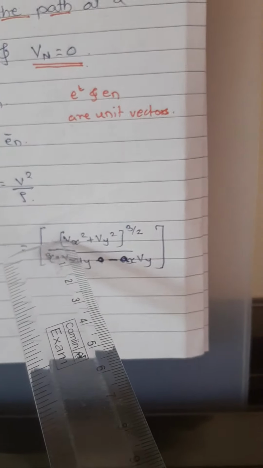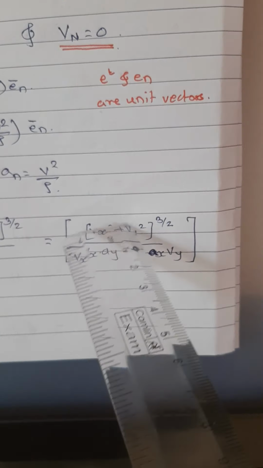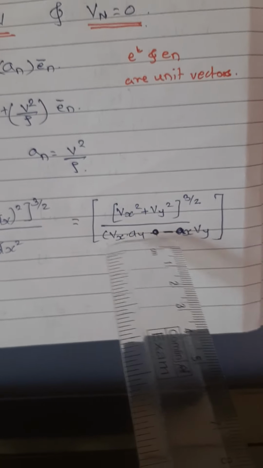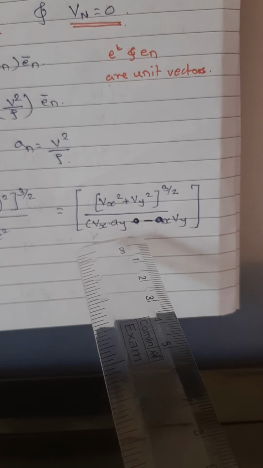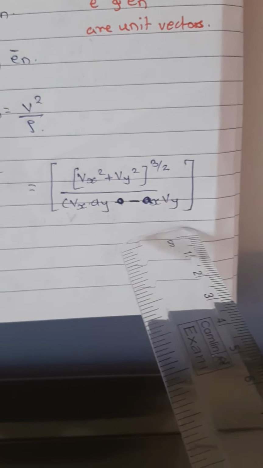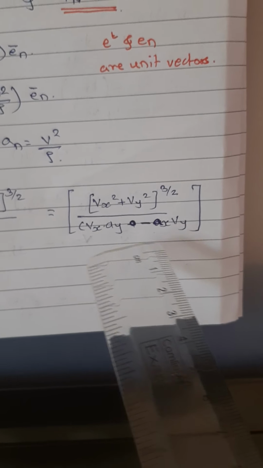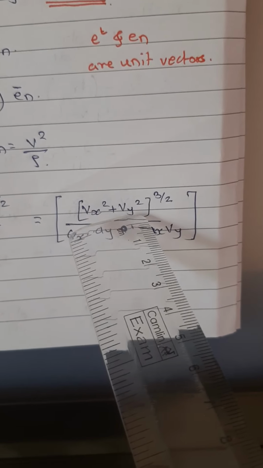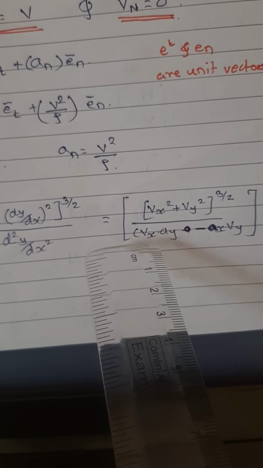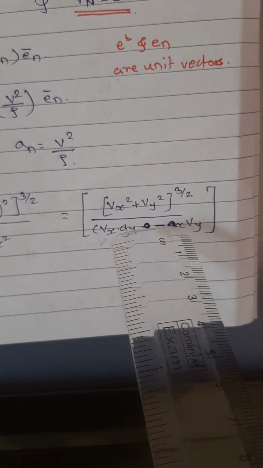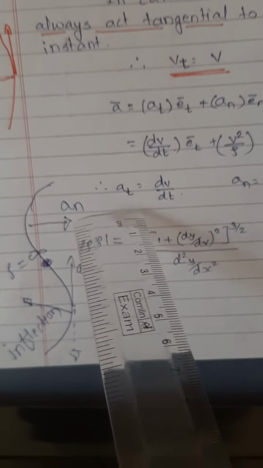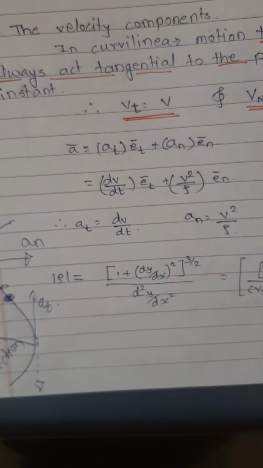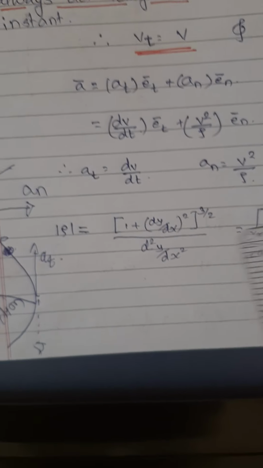Or it can also be calculated as (vx squared plus vy squared) whole raised to 3 by 2, divided by (vx ay minus ax vy). Now I have to think about the nature of the directions of these two.